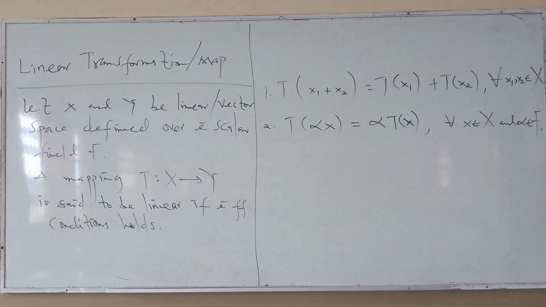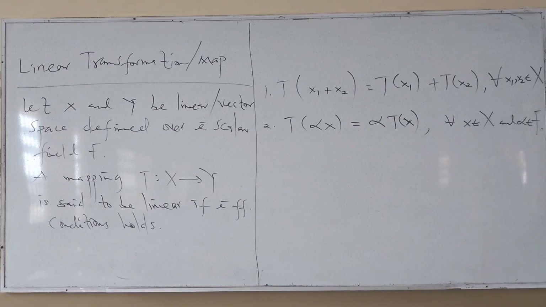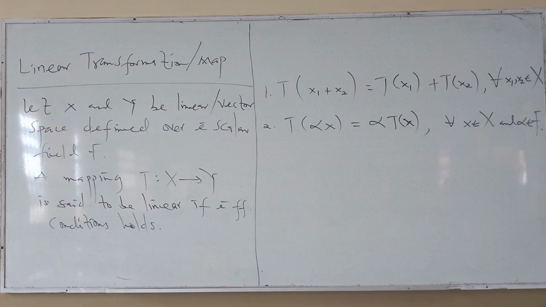So if a map satisfies these two conditions, then you call that map a linear map or a linear transformation.